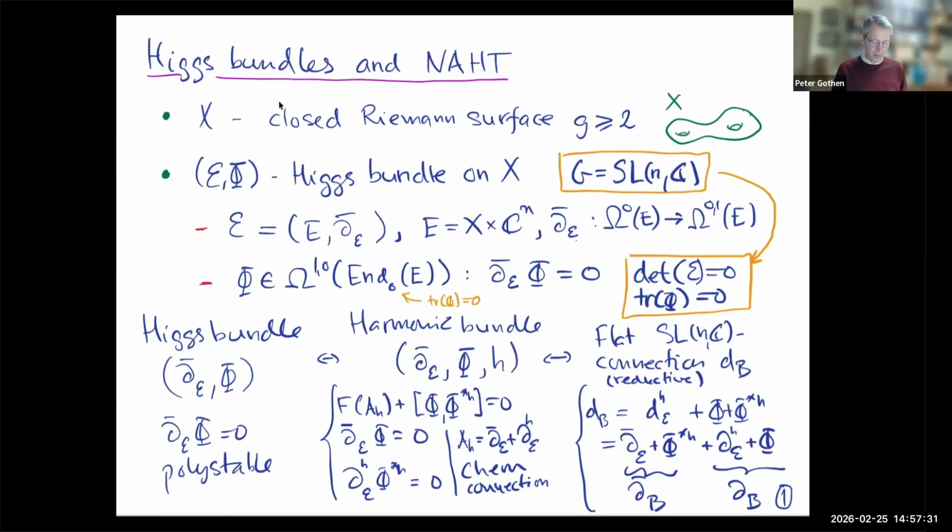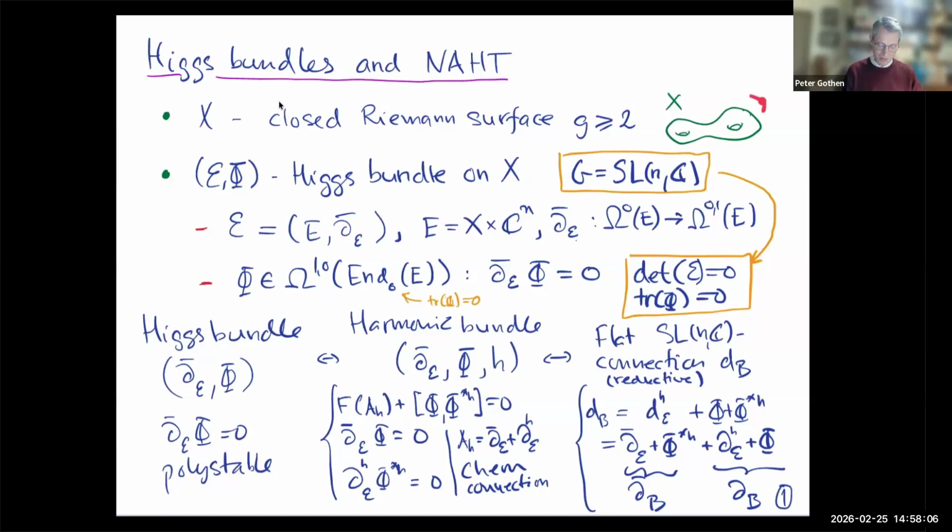The definition and existence of the conformal limit are known, but I'll start by reviewing that part of the story because it's very beautiful, and then I'll talk at the end about our contribution, where we interpret this conformal limit in a geometric way as a deformation of CP1 structures on the underlying Riemann surface. Let me start by reminding you about Higgs bundles and the non-abelian Hodge theorem.